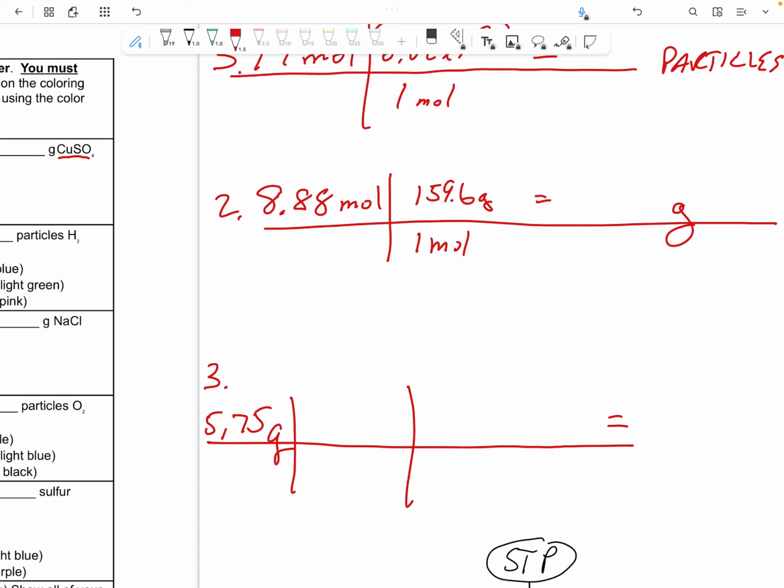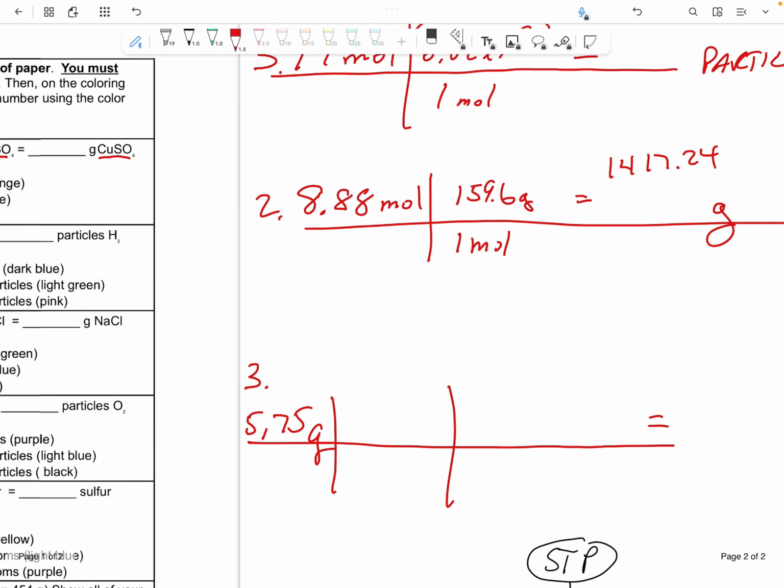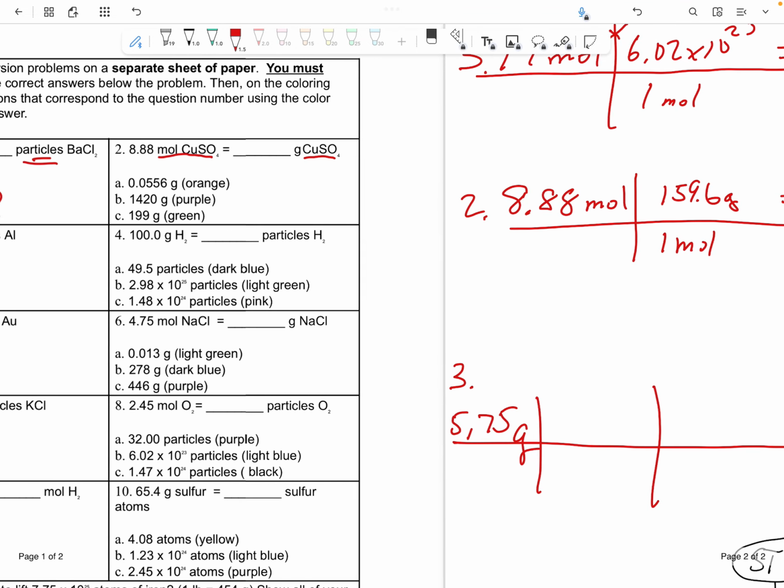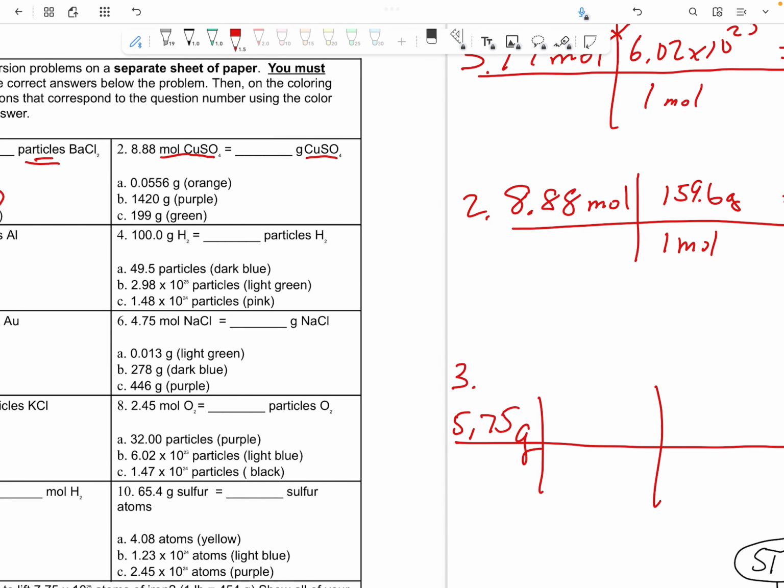When I multiply this out, I get 1,417.24 grams. And if I go to problem 2, you don't see that number on there, but there's one that's closest to it, and that happens to be B right here. So whenever we see a number 2 on that mole, we're going to color everything purple, okay? So those are simple one-step problems.